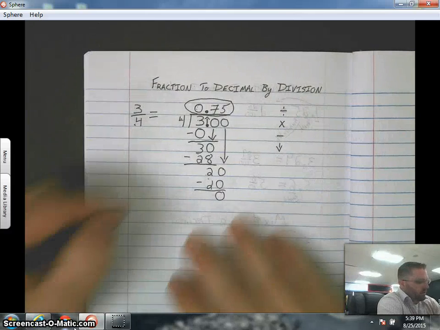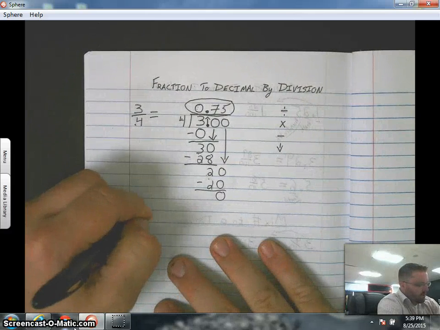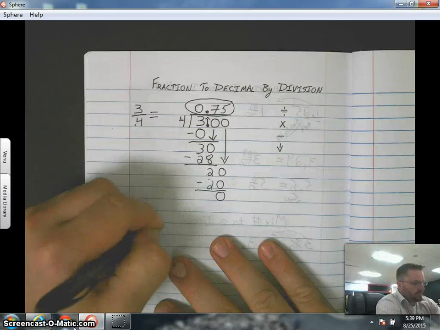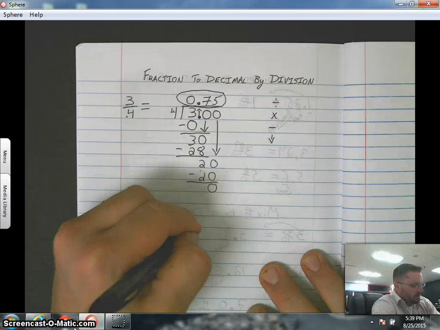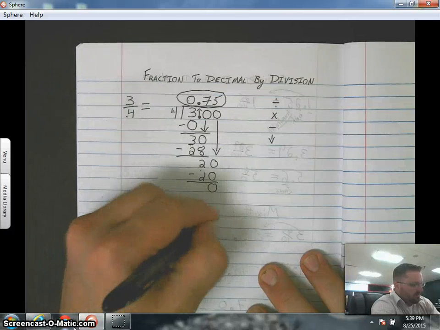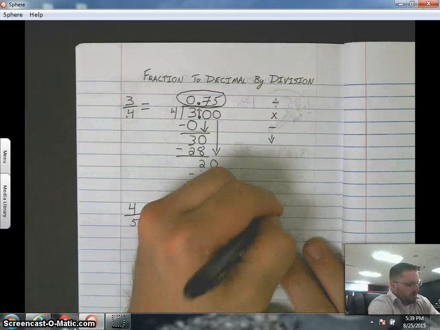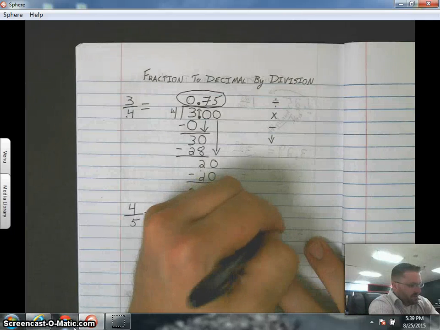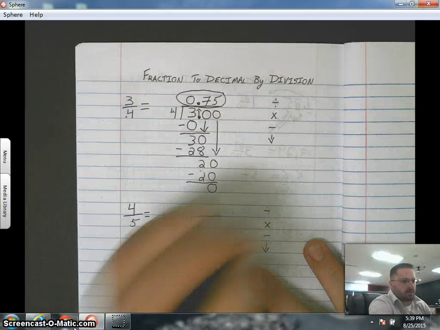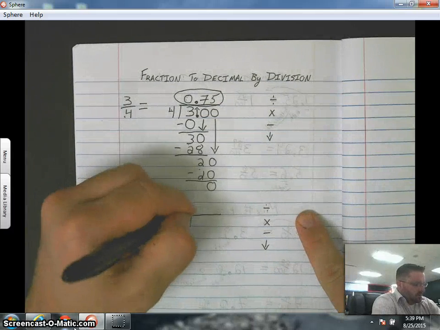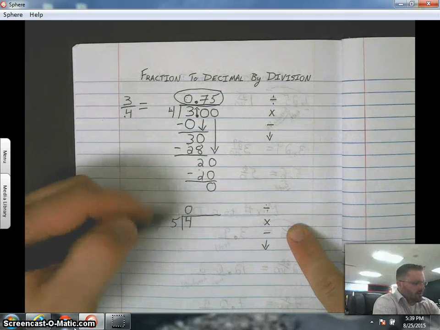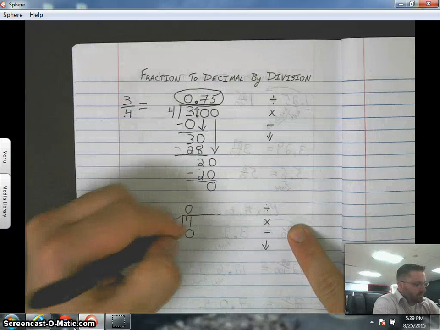We'll do one more. 4 over 5. I'm going to follow the same steps. 4 divided by 5. And I'm going to write down my little steps so I don't forget. 4 divided by 5 is 0. 0 times 5 is 0.